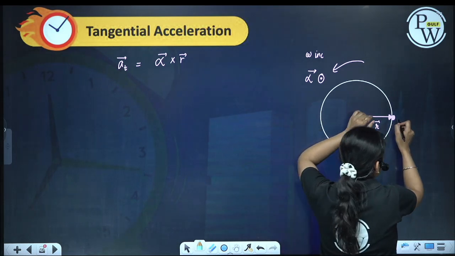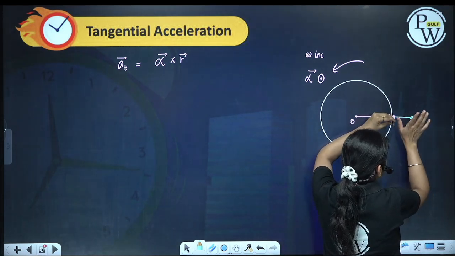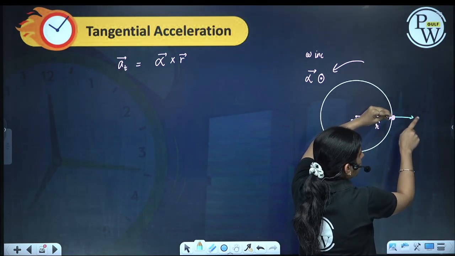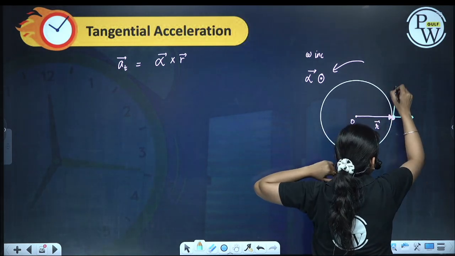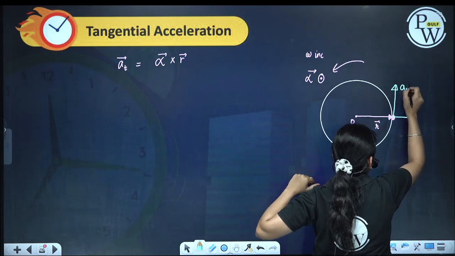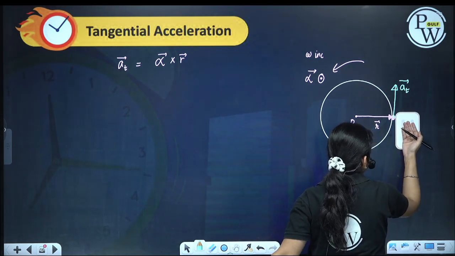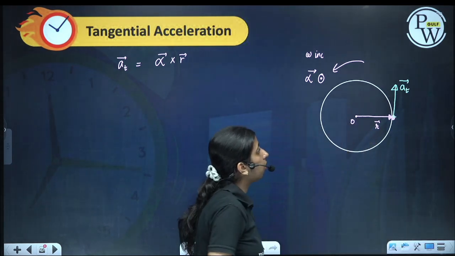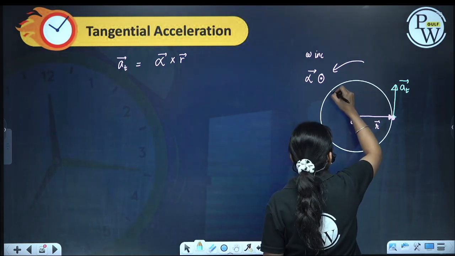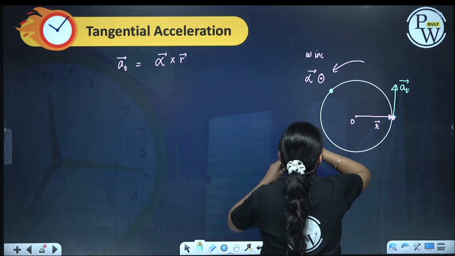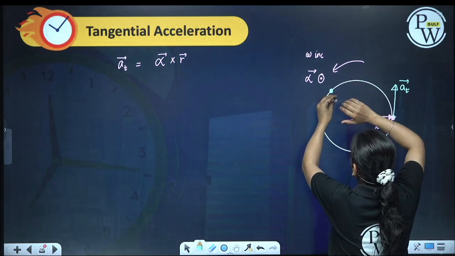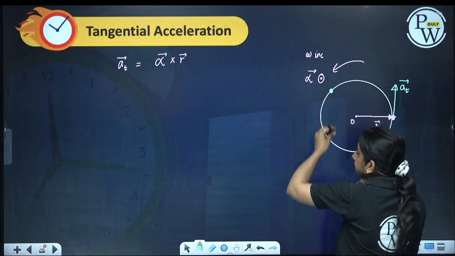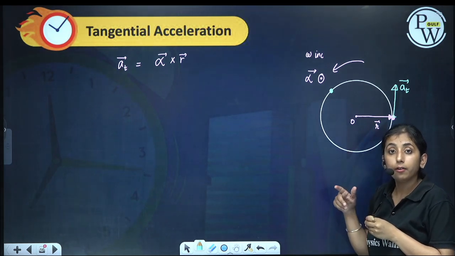This is my r vector, and this is my alpha vector. Alpha cross r: we will get AT along this direction. Similarly, if you do it here, curl the fingers of your right hand from alpha to r.